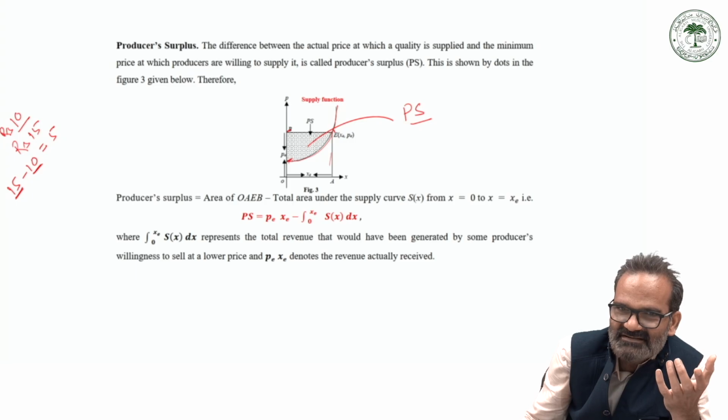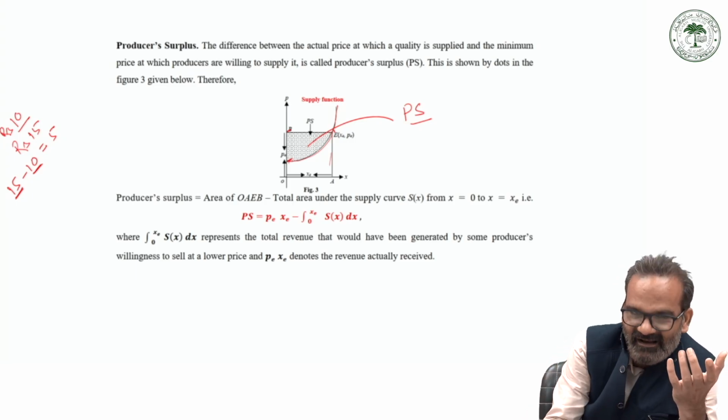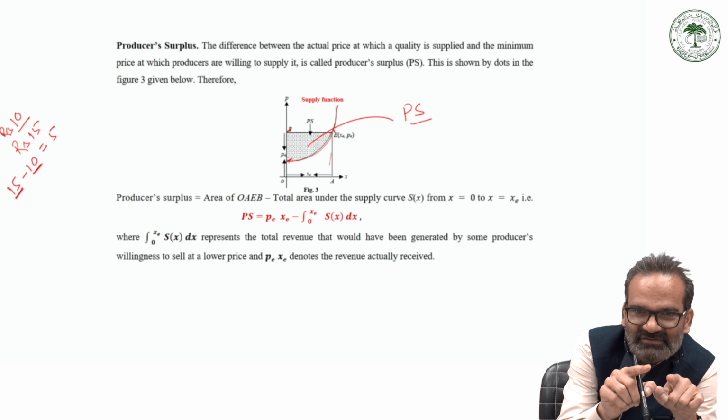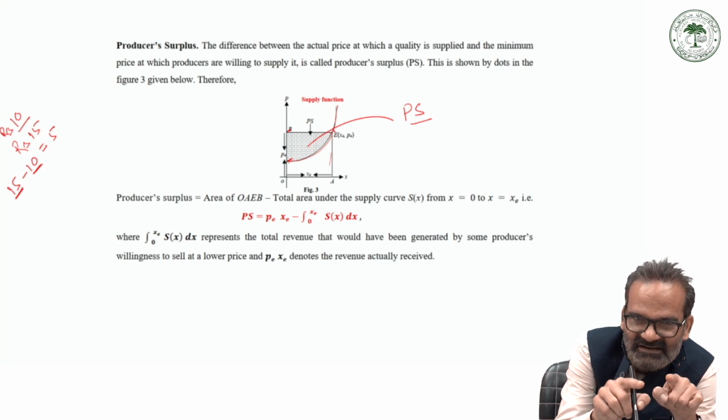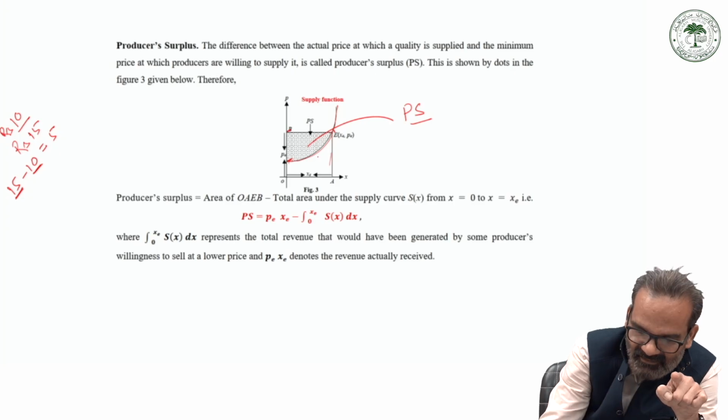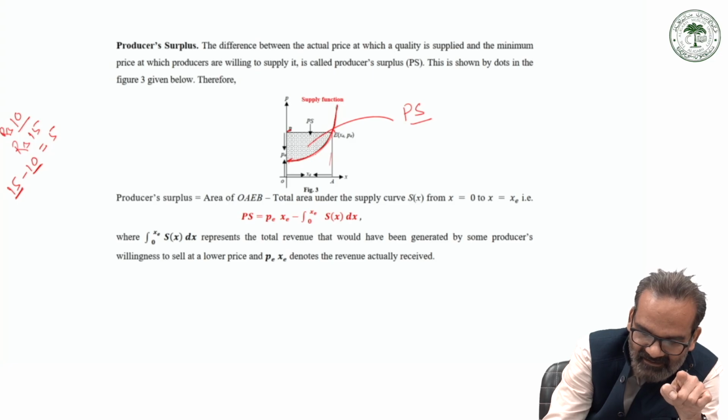Are you getting the point? From the area of the rectangle OAEB, you subtract the area under the curve. Look here again, the area under the curve is this portion, this one.